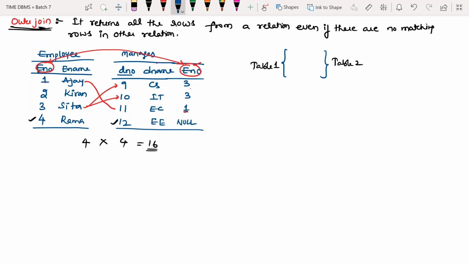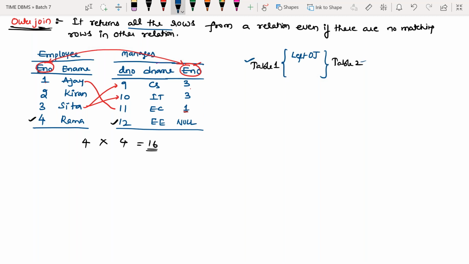The question comes: do you want all the rows of table 1, table 2, or both? Suppose I wanted all the rows of table 1, the left side table, in the output, even if there is no matching row in the right side table. Then we call it a left outer join.